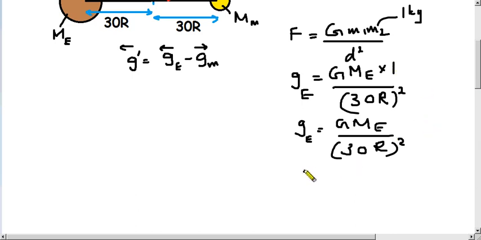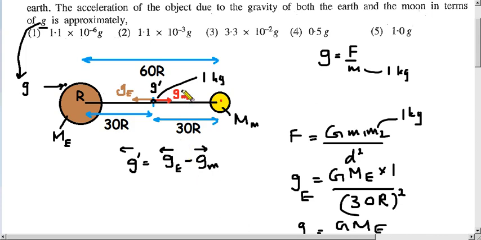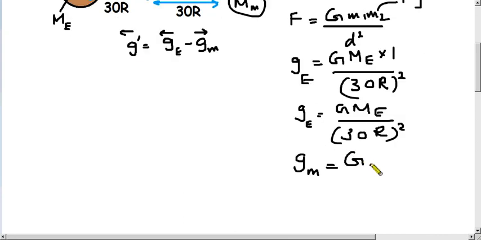The same way we can write g moon equals capital G M moon, the second one is 1 kilogram, don't have to write it, divided by the same distance 30 r squared.